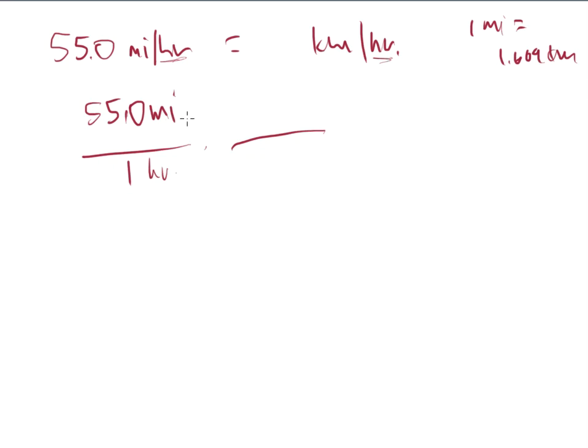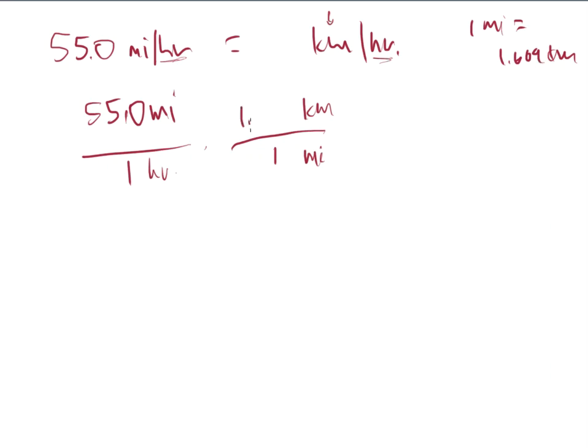So mile on top, mile goes on the bottom. The unit that I need to go to is a kilometer. I can do that in one step because I've figured out a conversion that connects the two directly together. So mile has a 1 in front. There's my mile. A 1 goes there. A kilometer has 1.609 in front.